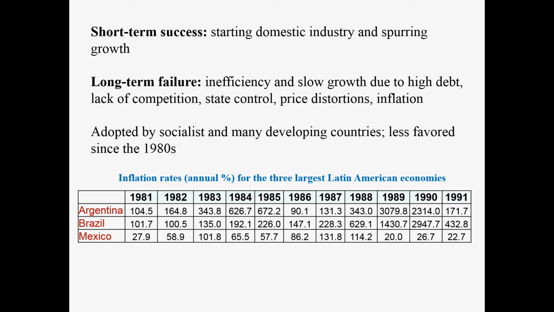Also, you have all kinds of control by the state, and the state's price distortion, as we talked about before. The exchange rate is all part of price distortion.